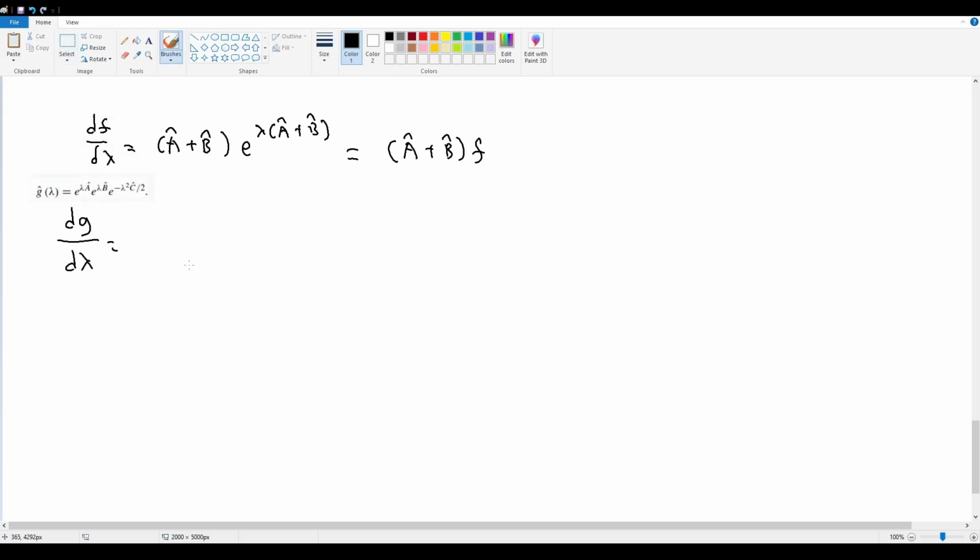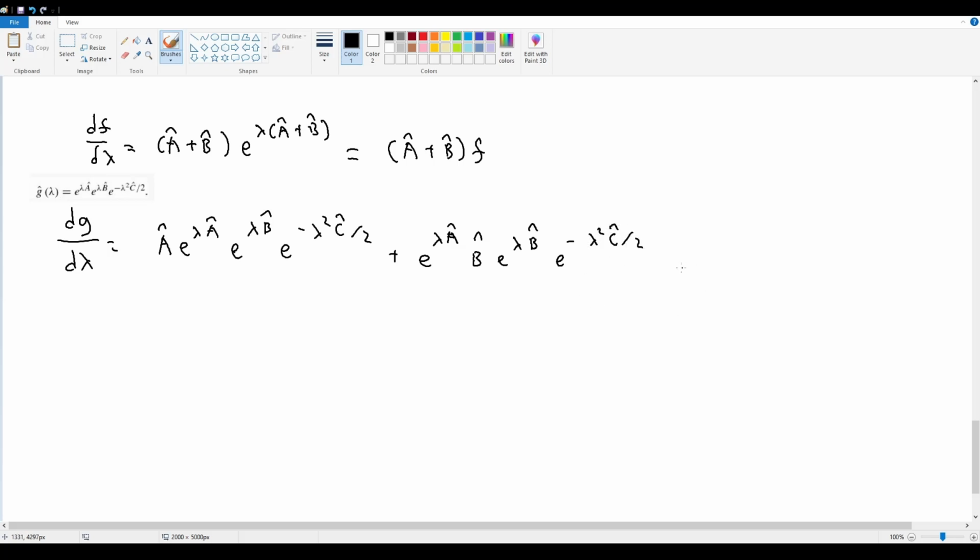So this is going to be a hat e to the lambda a hat, e to the lambda b hat, e to the negative lambda squared c hat over 2. And there's going to be plus e to the lambda a hat, b hat e to the lambda b hat, e to the negative lambda squared c hat over 2.